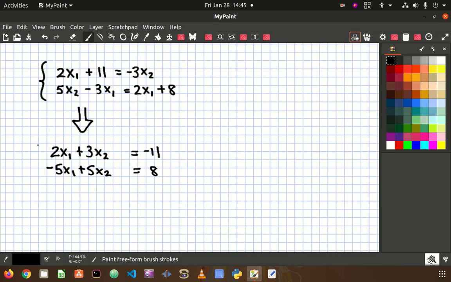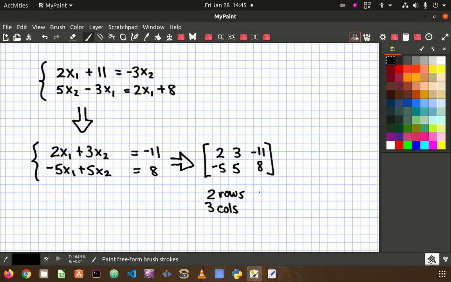And now, once we have all of these positions lined up the way that we want them, now we can augment this matrix. And so this becomes the matrix 2, 3, negative 5, 5, negative 11, 8. And so this thing has 2 rows, and it has 3 columns. And there's our augmented matrix.